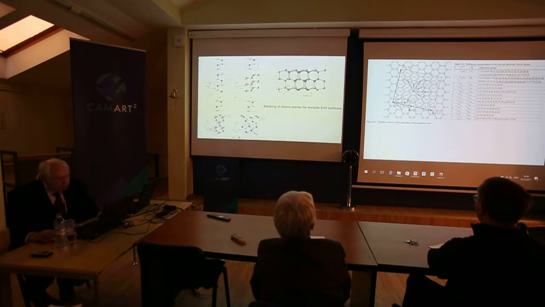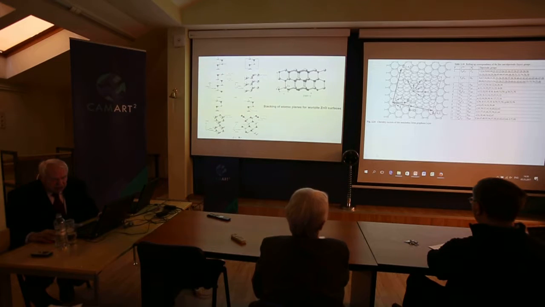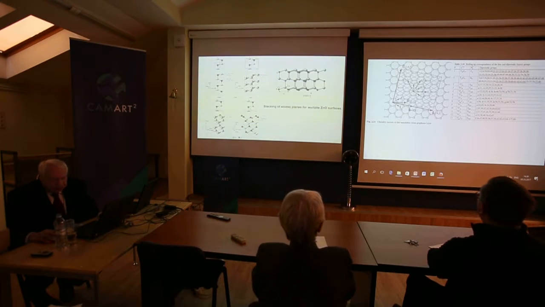It is two translation vectors, A1 and A2. The angle between them is 60 degrees. And there are two carbon atoms in the unit cell. The origin for the two-dimensional lattice is chosen in the center of the hexagon. This is the primitive unit cell.